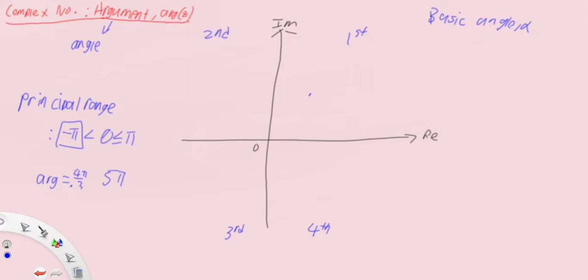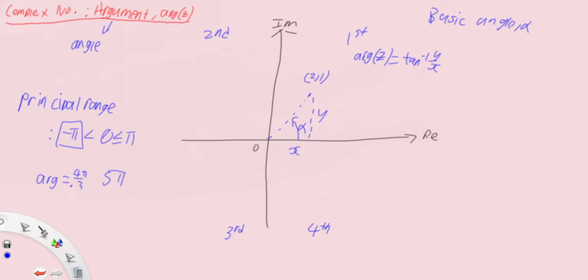If your complex number is in the first quadrant, let's say 2, 1, notice that the argument is the basic angle. I'm pretty sure you know how to calculate the basic angle: in a right angle triangle it is simply y over x. So for the first quadrant, the argument of a complex number z equals tangent inverse y over x.